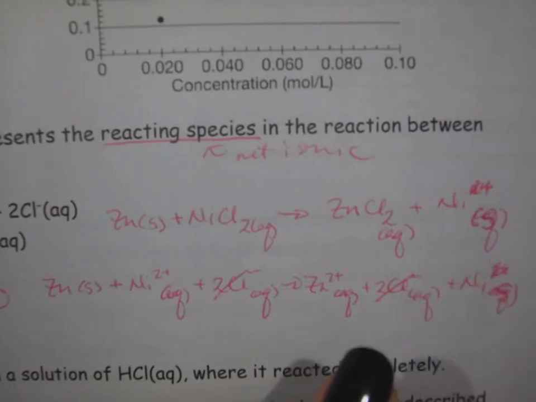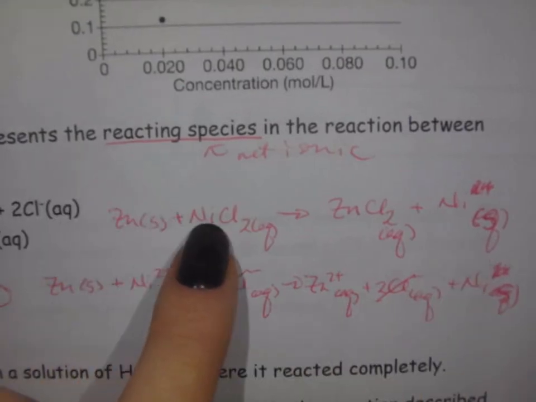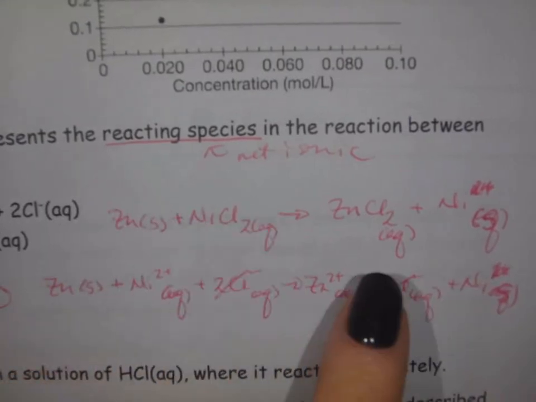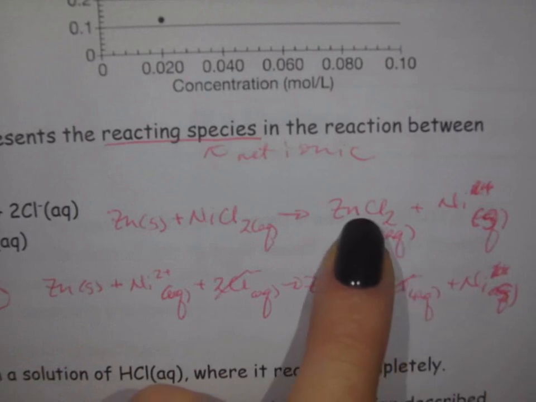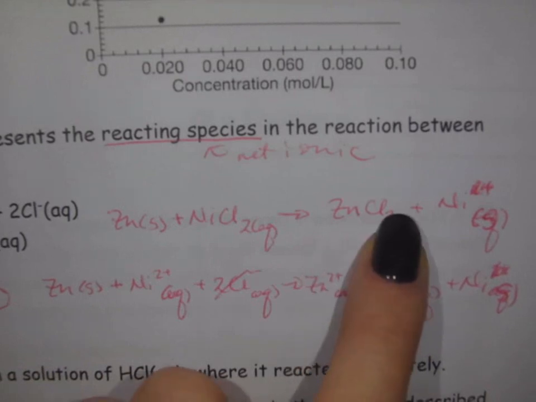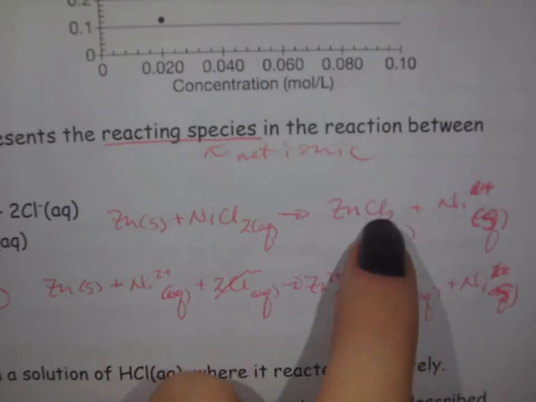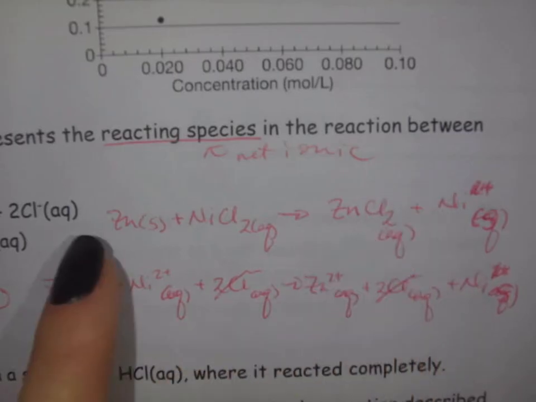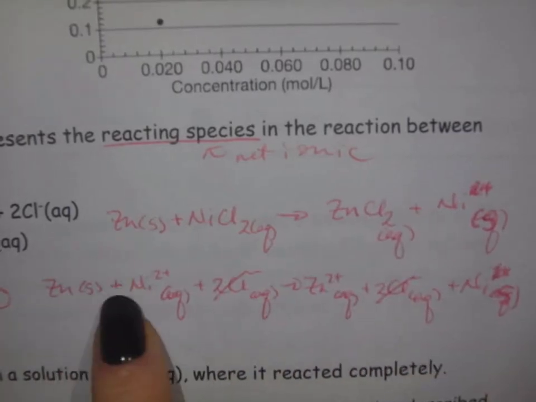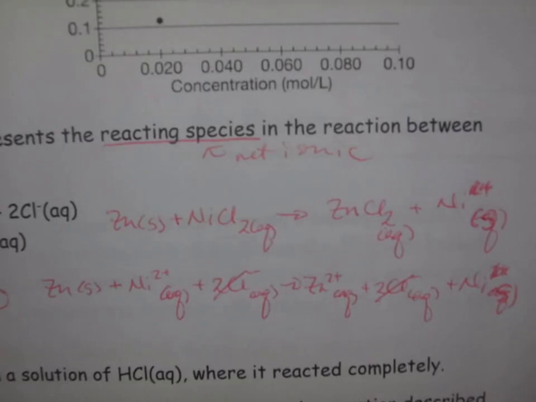Okay? You need to crisscross for the charges. Like zinc based on location is a 2+ and chlorine's a 1-, so that's why I have the subscript of 2. So that's going to be the reaction that then you find the net ionic equation for.